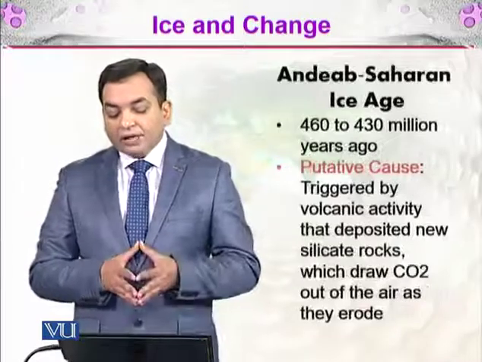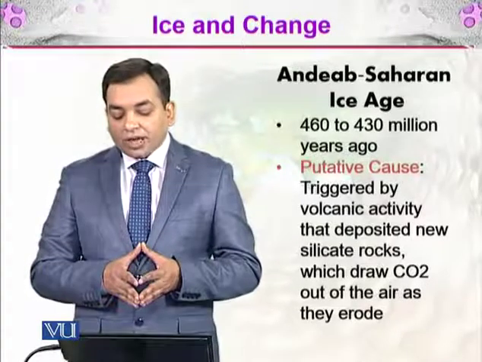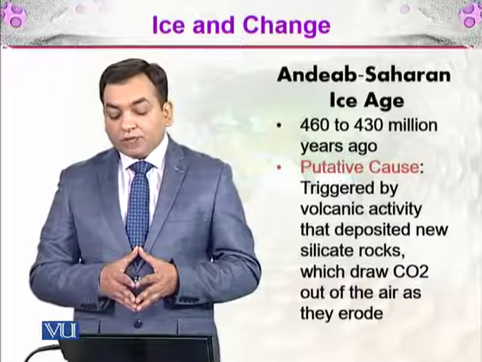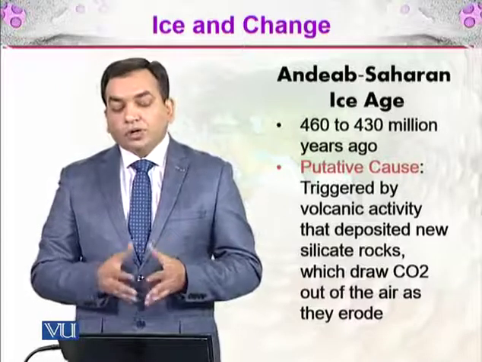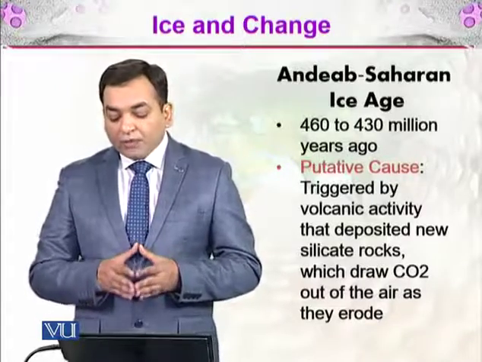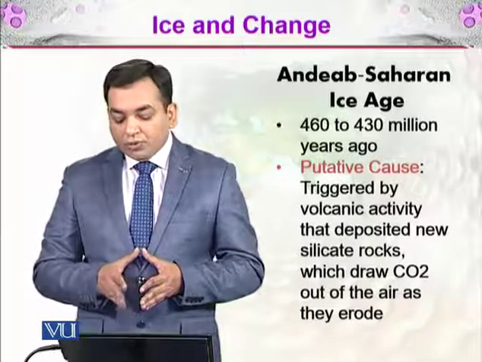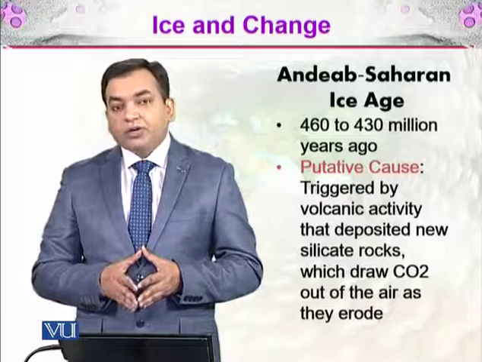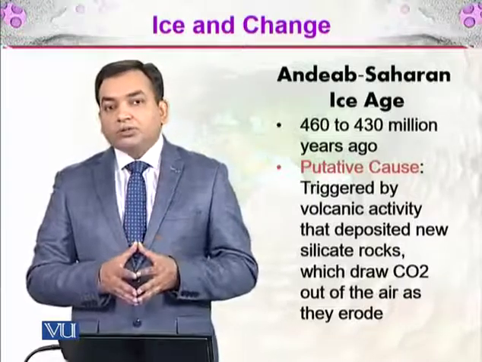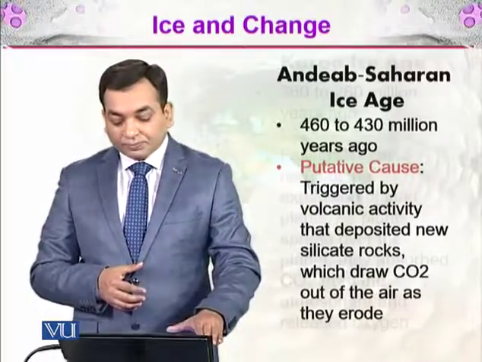Then there is the Andean-Saharan ice age, 460 to 430 million years ago. What were its putative causes? It was triggered by volcanic activity that deposited new silicate rocks, which drew carbon dioxide out of the air as they eroded, and this resulted in the ice age.